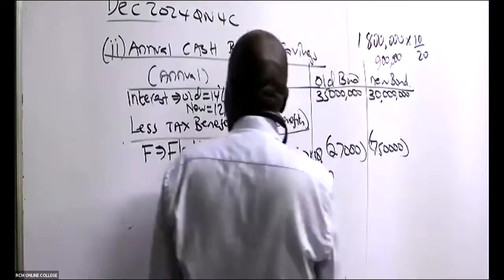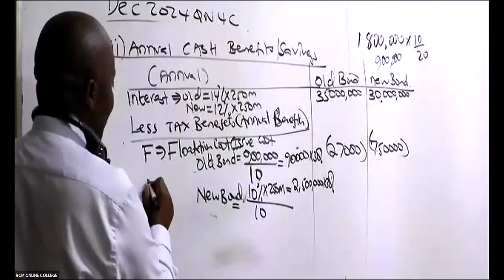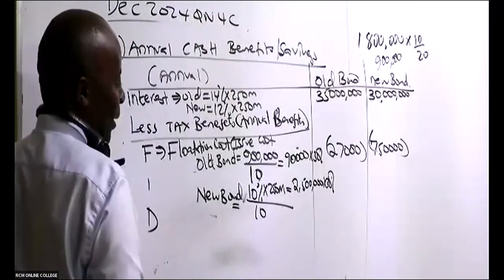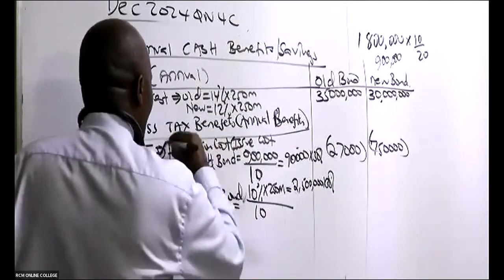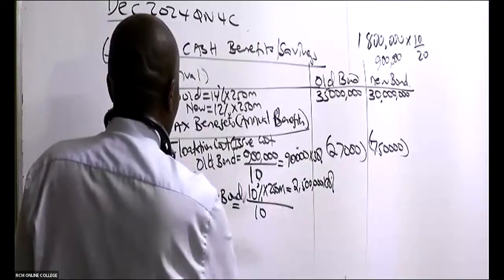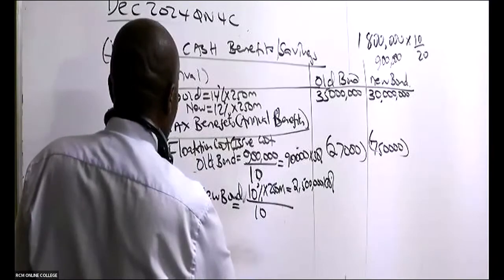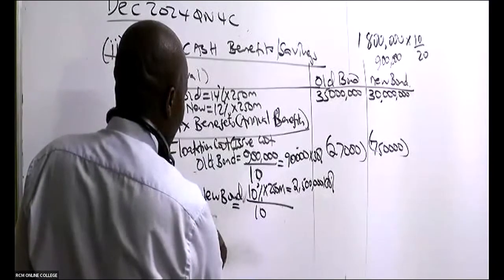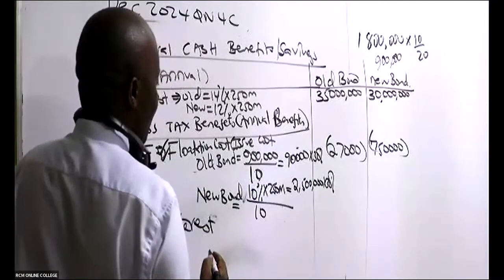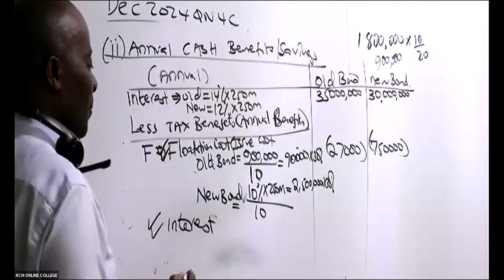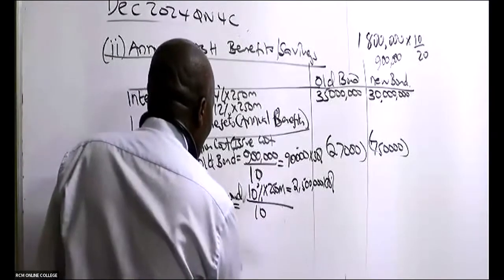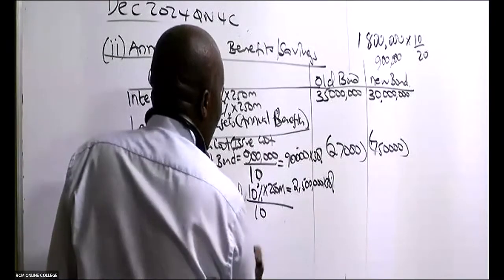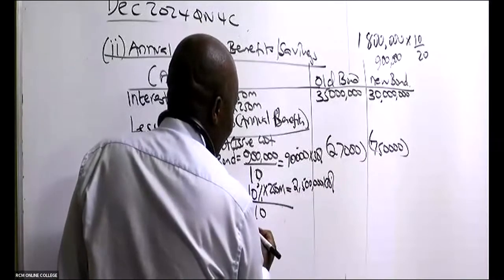Now, remember we said here we are using the concept of feed. So we have begun with flotation cost, and this is over. From there we go to the second one, which is interest. For the old bond, the interest is 35 million.